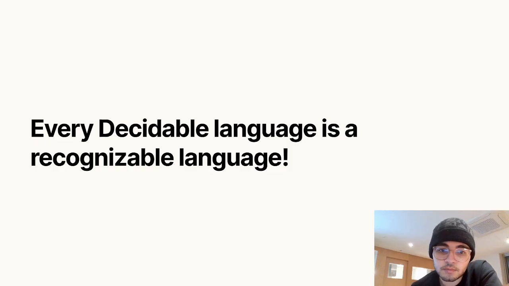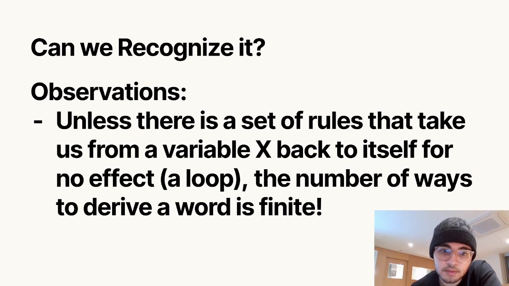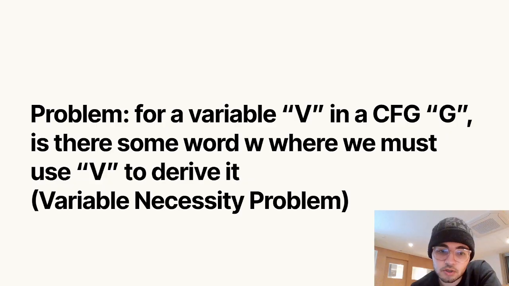So the problem for now is, if we have a variable V in the CFG, in the context-free grammar G, we want to know if there is some word that we cannot create without V. This is called the variable necessity problem, and this problem is undecidable, but it's also recognizable.